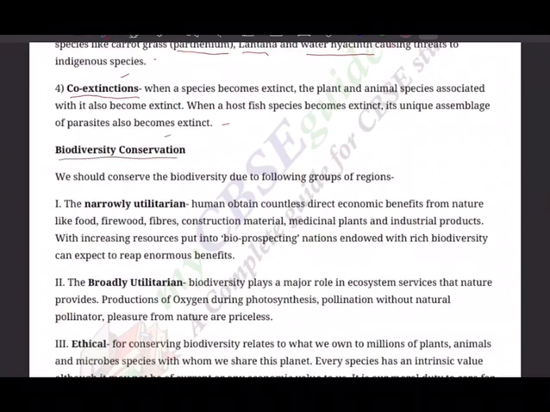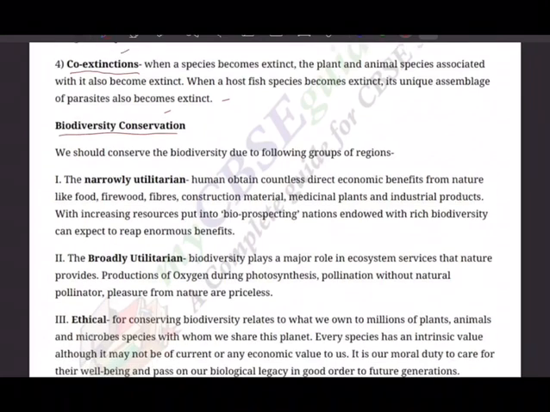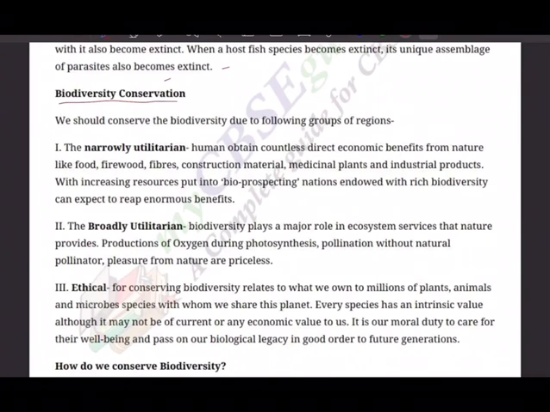Hence, what is the ultimate solution for this? Conservation. We need to conserve biodiversity. And how to do that? We should conserve biodiversity for the following groups of reasons. First one, the narrowly utilitarian.